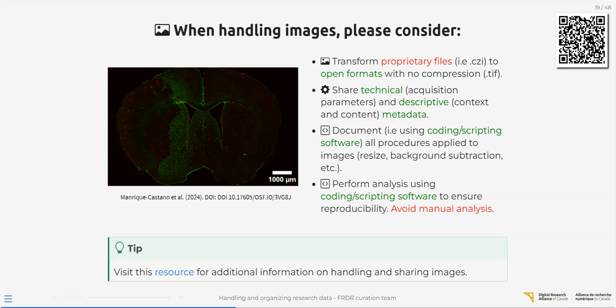Third, document all image processing steps using coding or scripting tools. For example, resizing, background subtraction, or other transformations. Finally, perform your analyses using coding software whenever possible, and avoid manual, non-reproducible workflows. If you want to dive deeper into these practices, we recommend visiting the resource linked here.